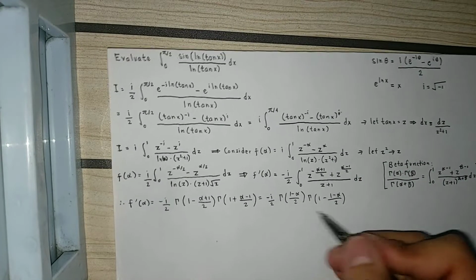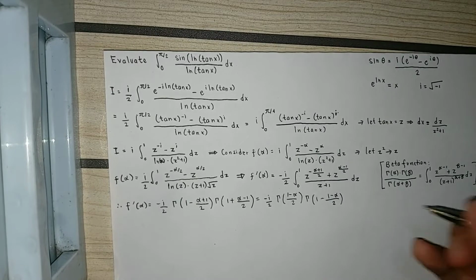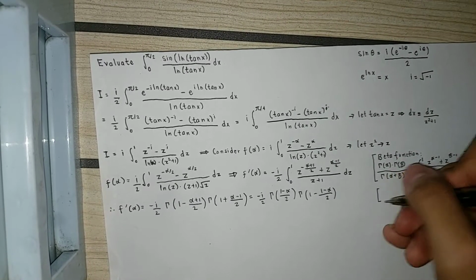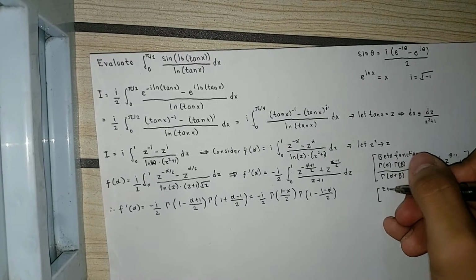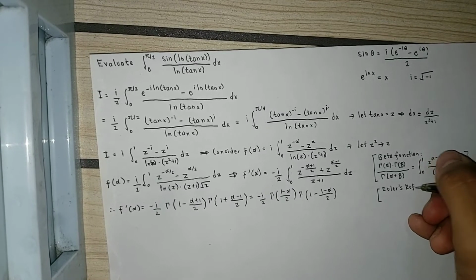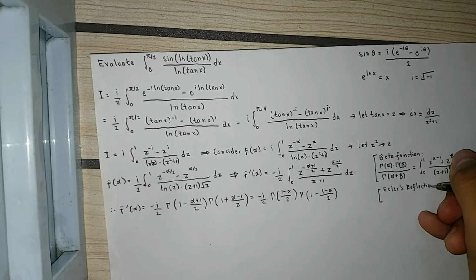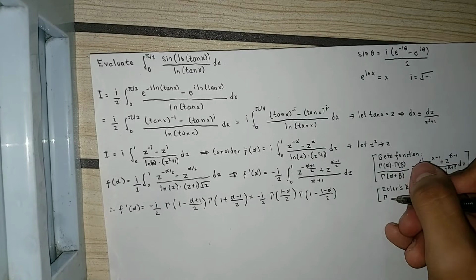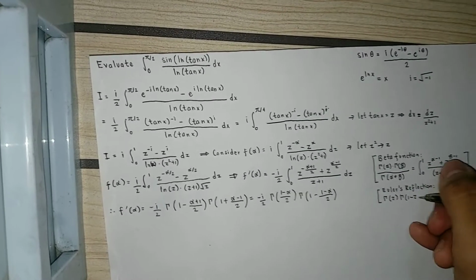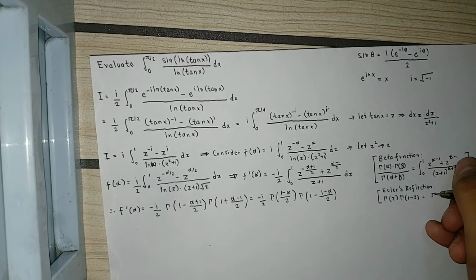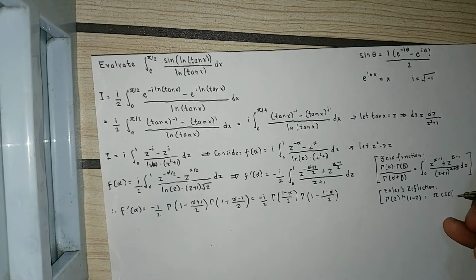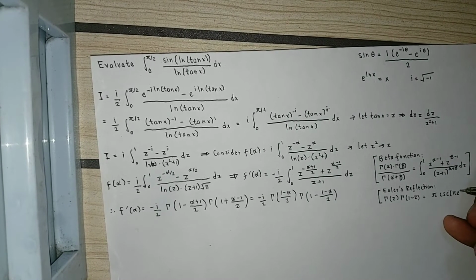And to simplify these gamma functions, we will use also the so-called Euler's reflection formula. According to Euler's reflection formula, we have Gamma(z) times Gamma(1 minus z) is equal to pi cosecant(pi z).